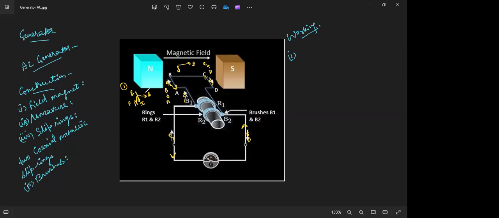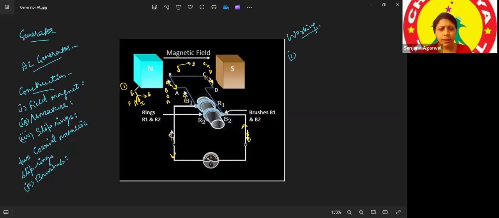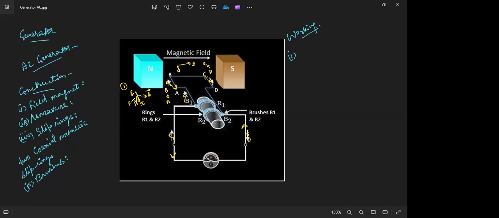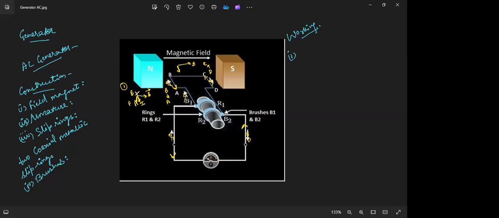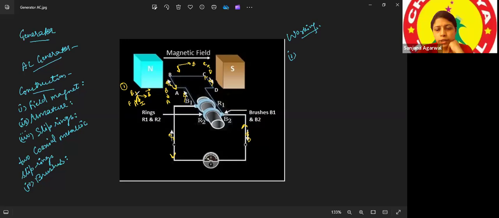You can draw arrows separately according to your convenience. This B is for magnetic field direction, and this AB, I have written the name of the coil. Should I continue?